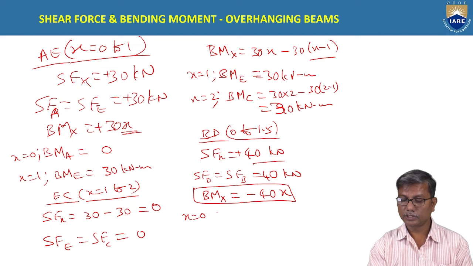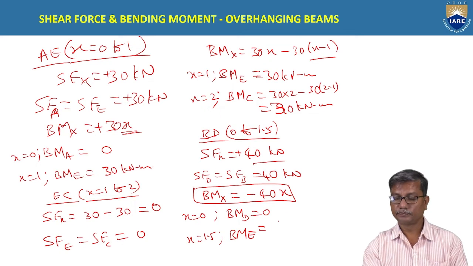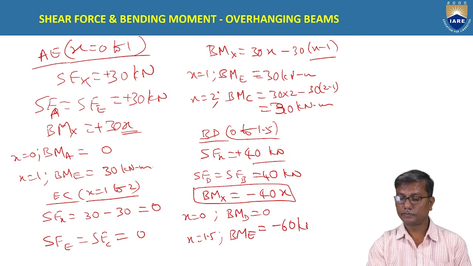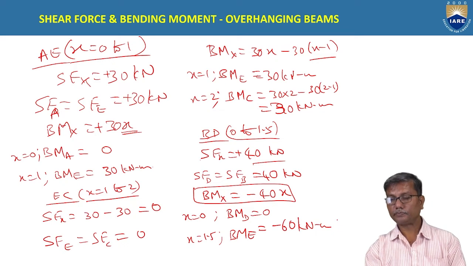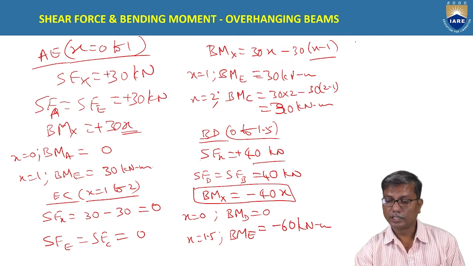So at x equal to 0, bending moment at D is 0, and at x equal to 1.5, bending moment at E is minus 60 kilonewton meters.